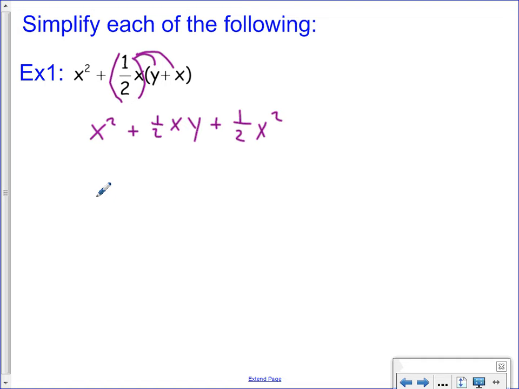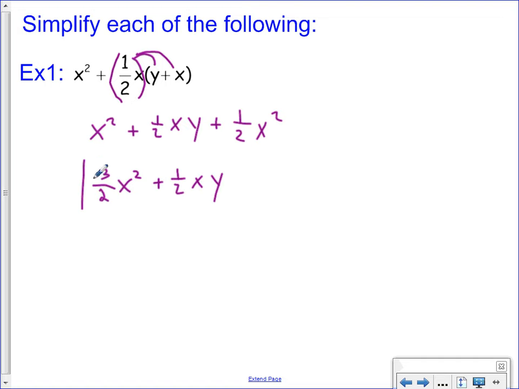Combine like terms. What's x squared plus 1/2 x squared? 1.5 x squared, which we don't like using mixed numbers, so can you give me an improper fraction? 3/2, thanks. 3/2 x squared plus 1/2 xy.